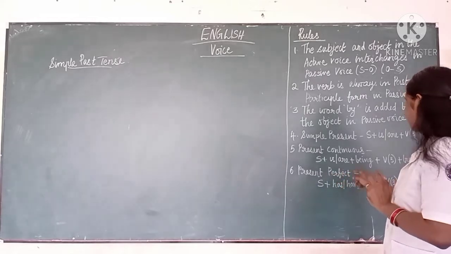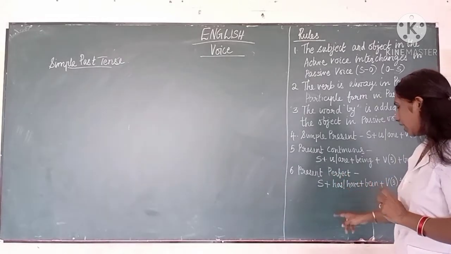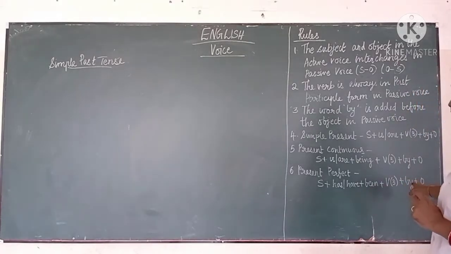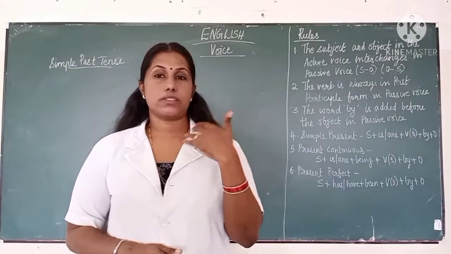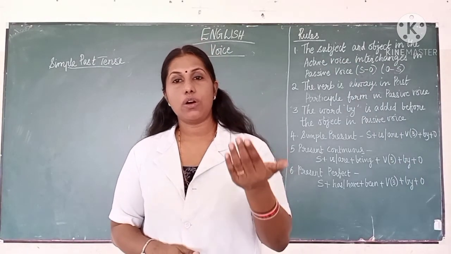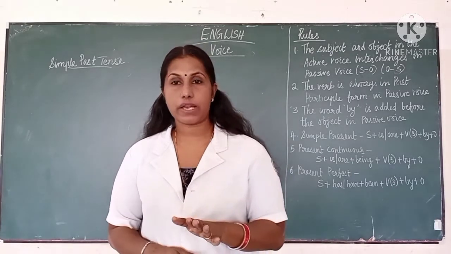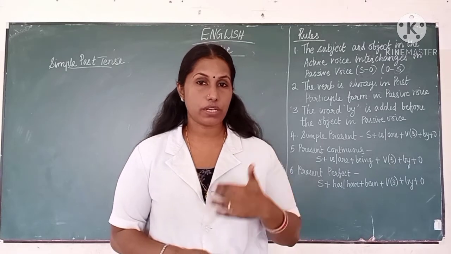Then comes present perfect tense: subject plus has or have plus been plus verb in the third form plus by plus object. So here also, when you are converting into passive voice, there will be has or have. According to the subject you will put has or have.